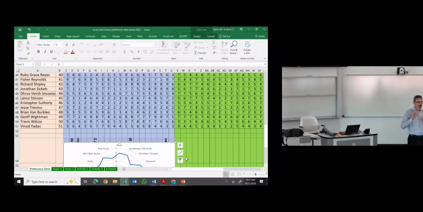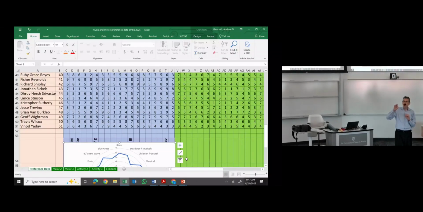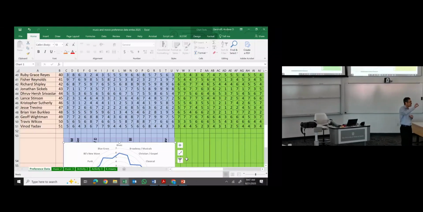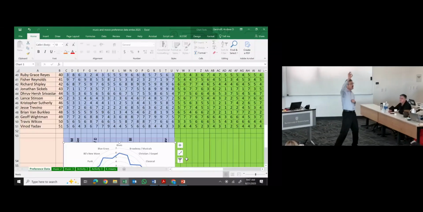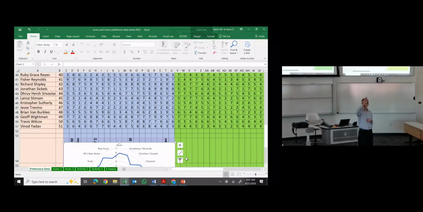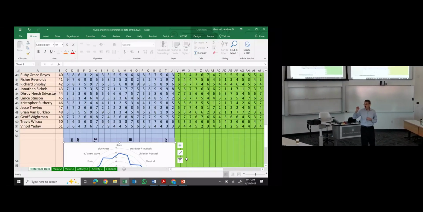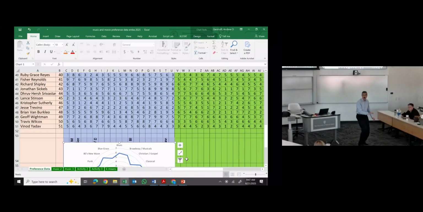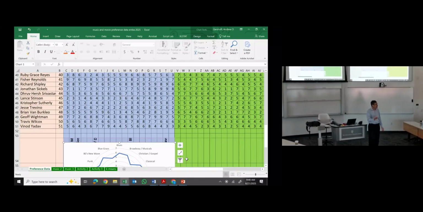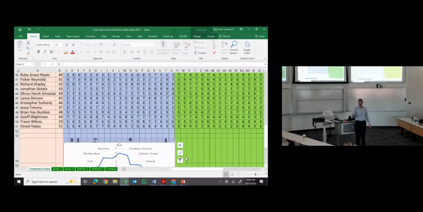But think about this: Vinod could have preferences that go 7, 8, 9, 7, 8, 9, 7, 8, 9, and Aaron, for instance, could have preferences that go 1, 2, 3, 1, 2, 3, 1, 2, 3.